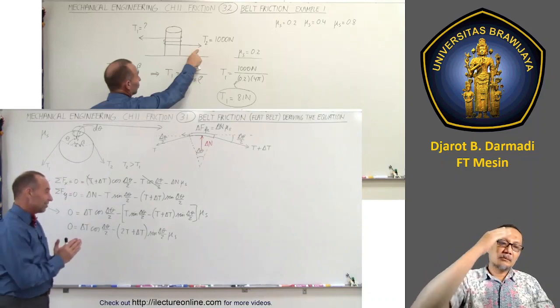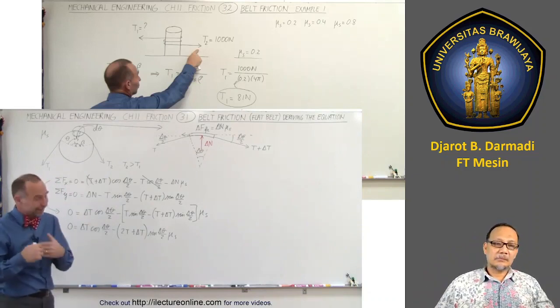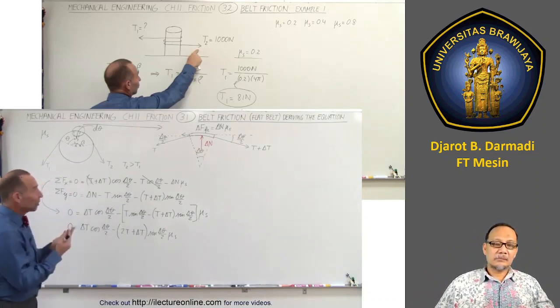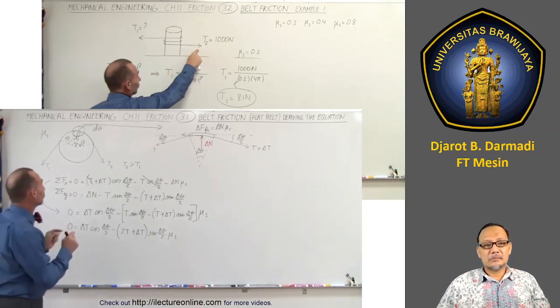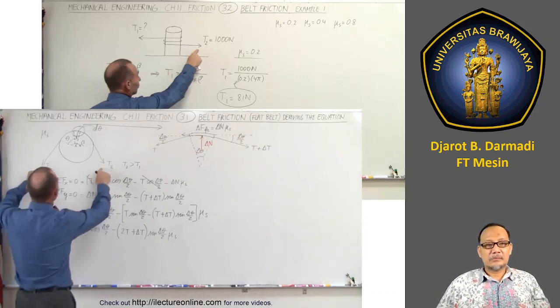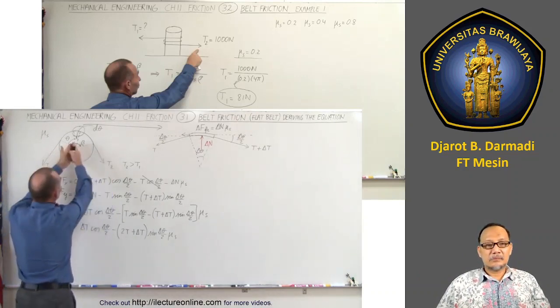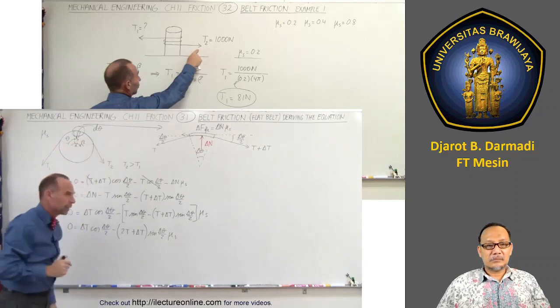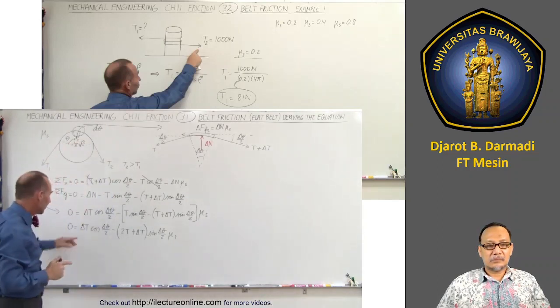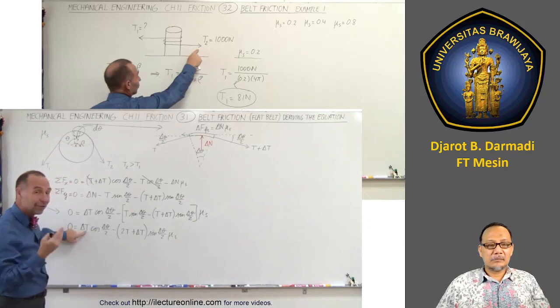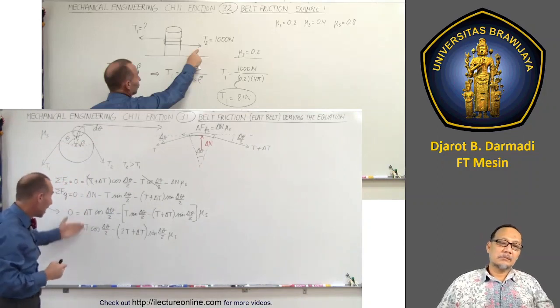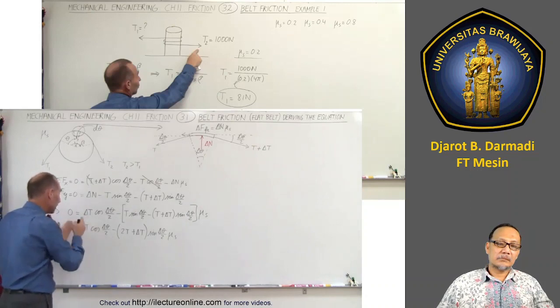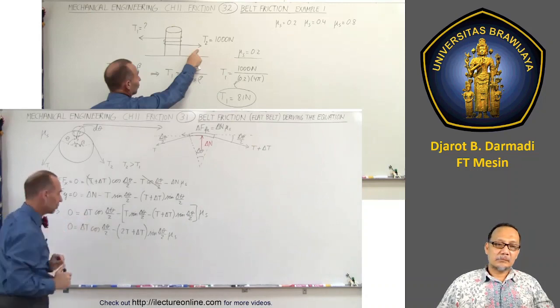What we're going to do next is really a mathematical trick with a little bit of foresight. Essentially, we want to find a relationship between the difference in the tension as a function of the size of the angle. So if I take the delta t here and divide by delta theta, I have a form of differential between the change in the tension and the change in the angle, a relationship between the two.